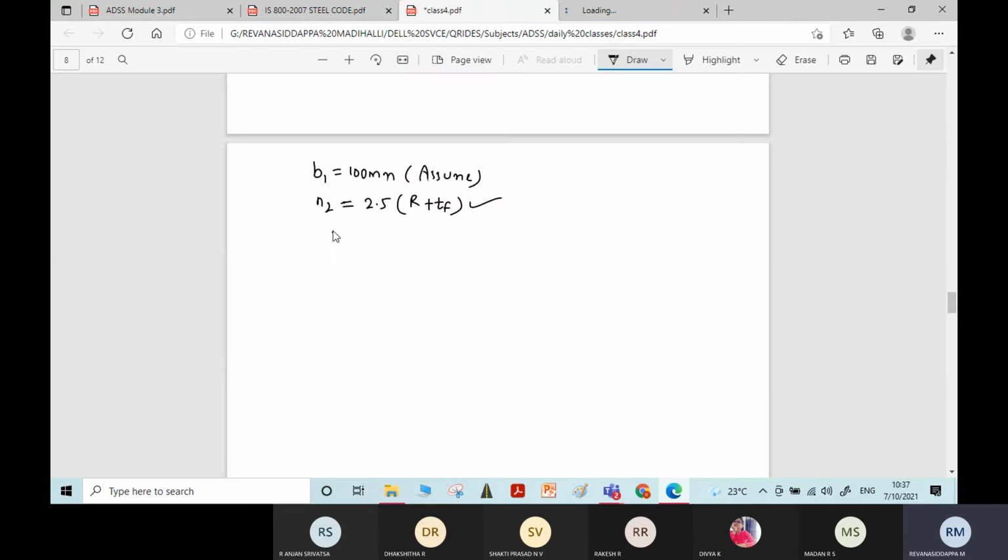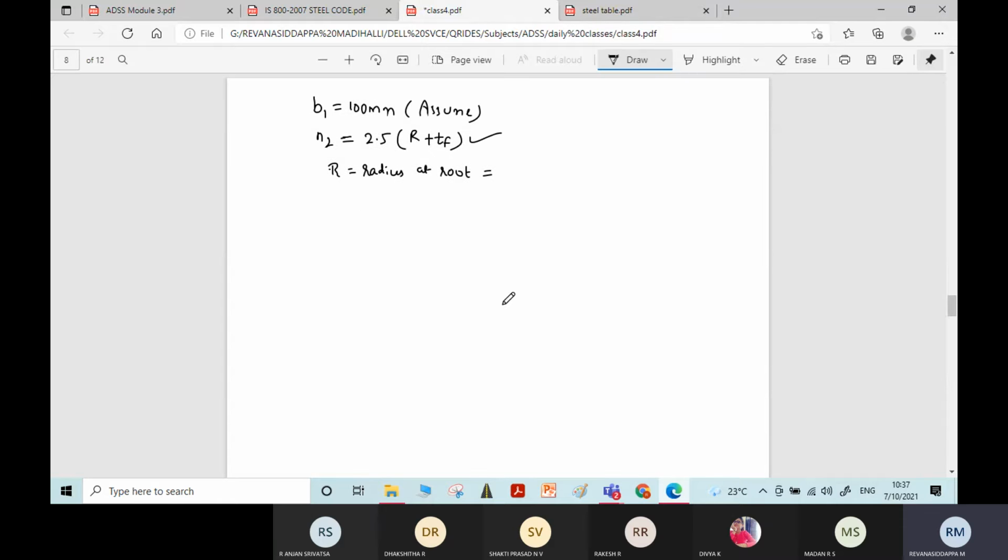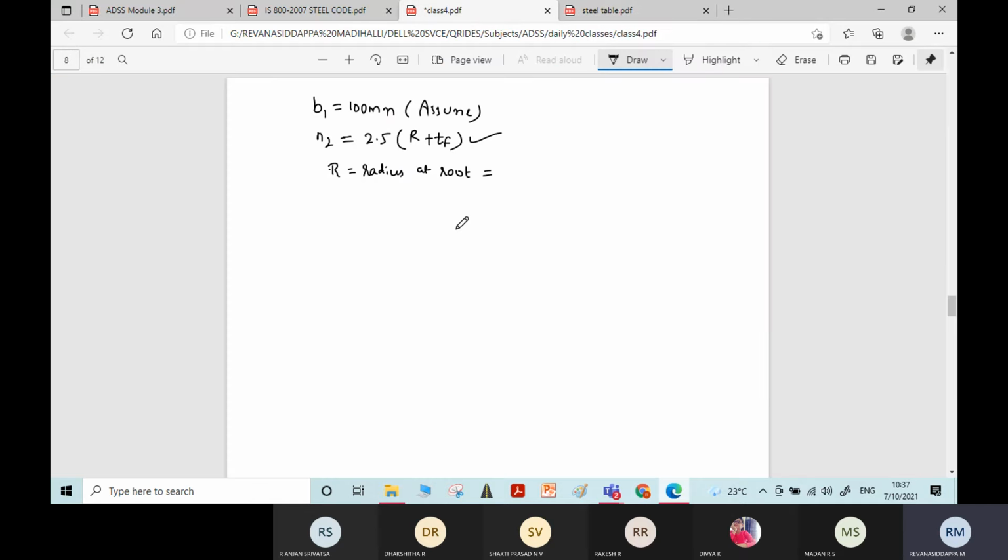Okay, it is opening. R is equal to 15 mm.